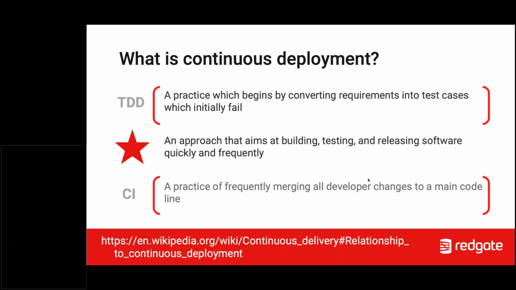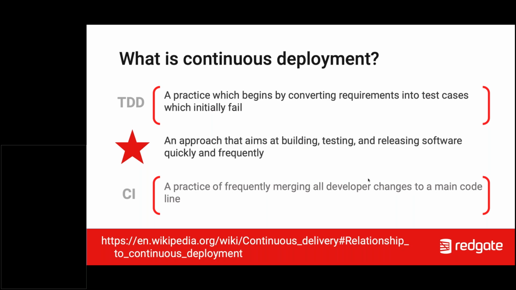We may do test-driven development, the first one on the screen, as part of our continuous deployment, but continuous deployment is about actually deploying, and deploying means the change is reaching the customer. The third item on this screen is CI, or continuous integration. And this one, I always like to just accidentally use the word improvement there, but it is actually continuous integration.